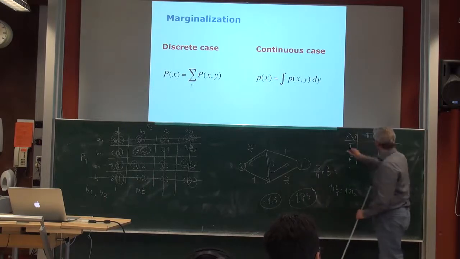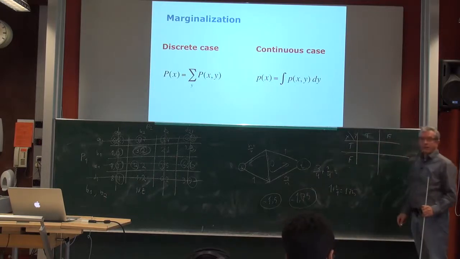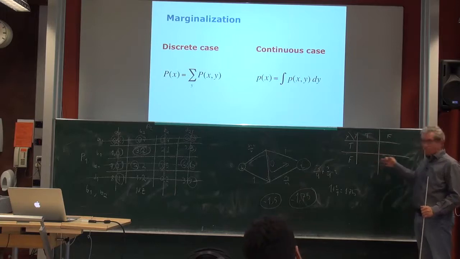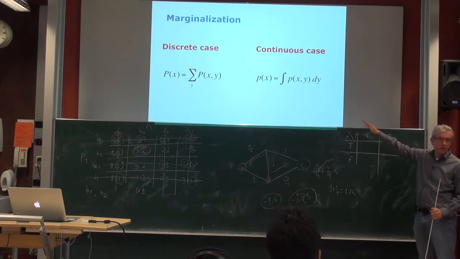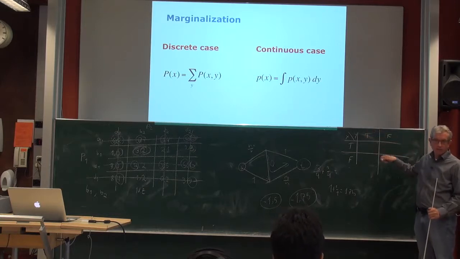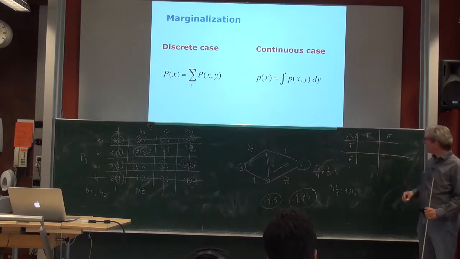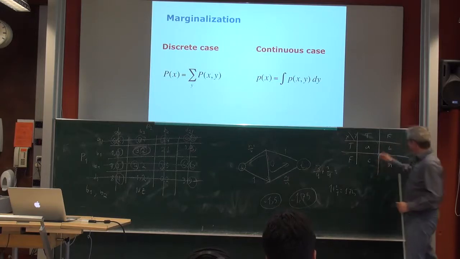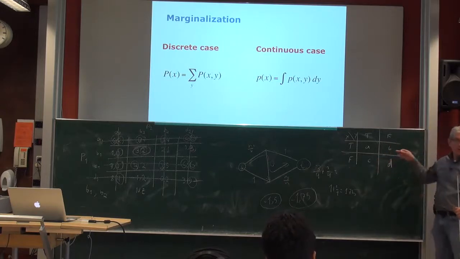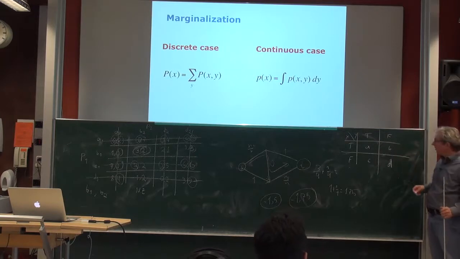This gives you a table with 4 entries, and you would need to specify those 4 quantities in order to entirely describe p of x and y for all cases that you might have. You can also just call them A, B, C, and D, with the property that they all sum up to 1. So the sum of A, B, C, and D is 1.